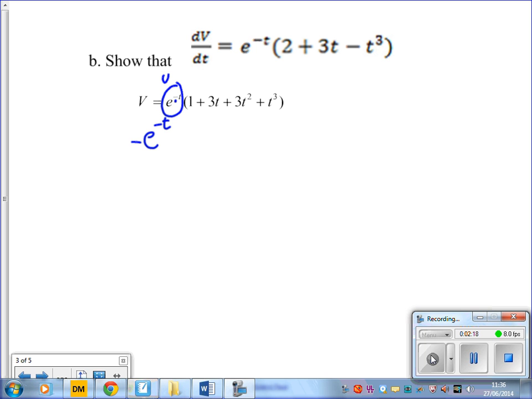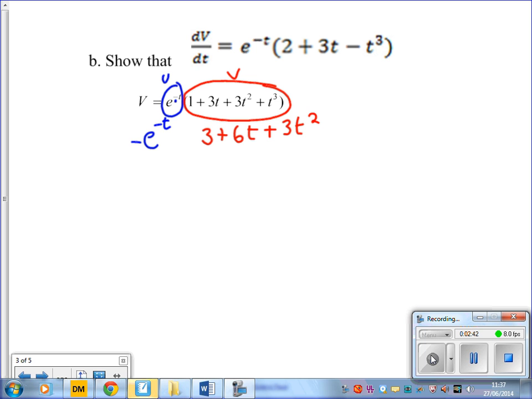So I've got minus at the front. This second part then is my v. If we differentiate that, the 1's going to disappear: 3 plus 6t plus 3t squared.